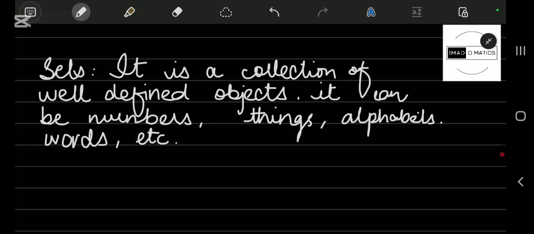Okay, these are a few examples. So how do we represent it? Okay, after this let's see how we represent it.